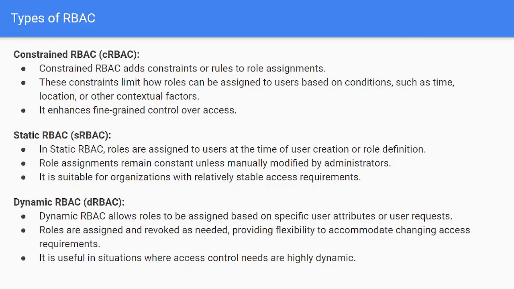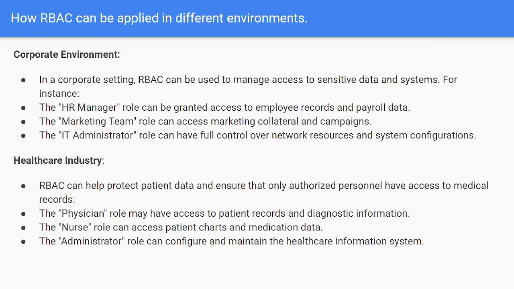And sometimes you can incorporate constraints based on the circumstance your organization is going through. So basically, it's based on how the organization structure is, that's how the administrator can implement this role-based access control. So how can role-based access control be applied in different environments?